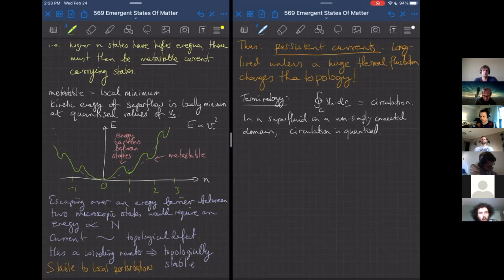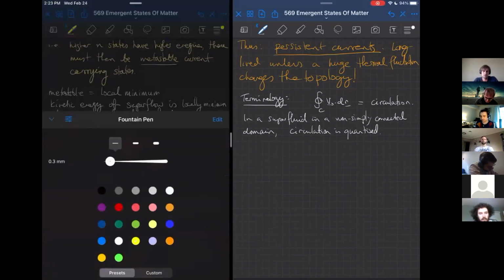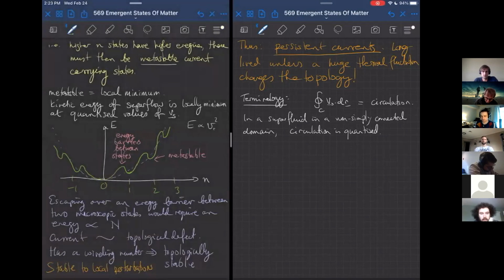So for example, if you were over here, at this point between these two energy barriers, that usually corresponds to a non-spatially uniform configuration of a field between two minima.